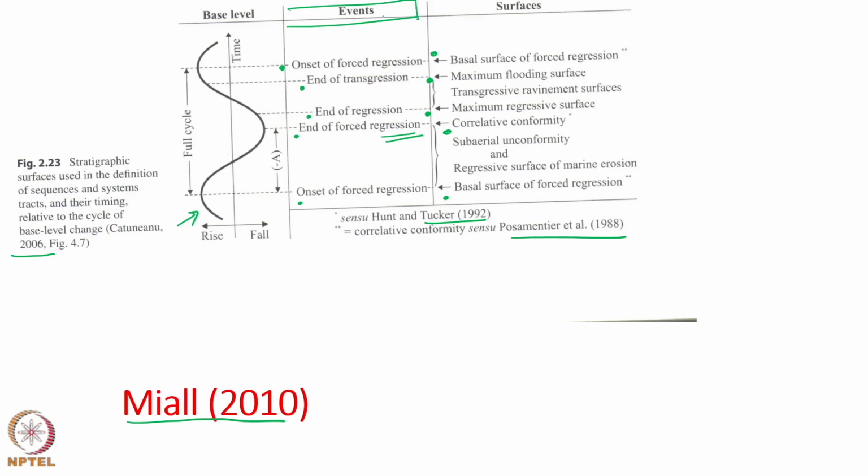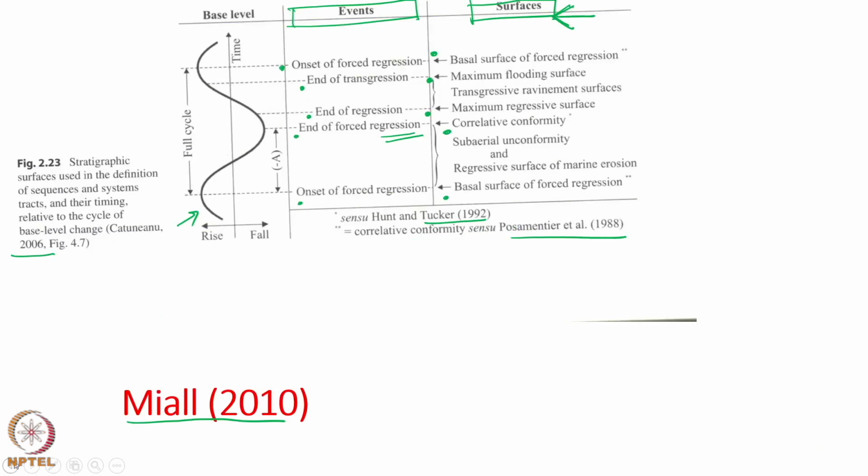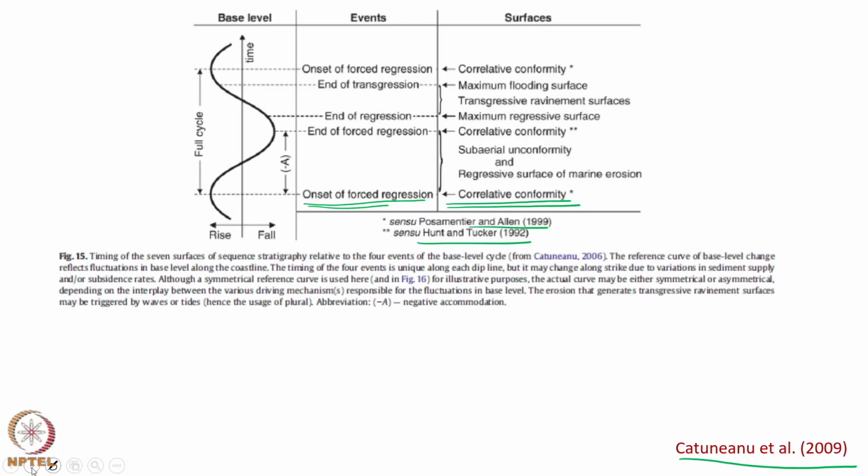In this column are the events and in this column are the surfaces which can be found within the rock record. They can be traced. This is a similar compilation with the same author. Onset of forced regression can be called the correlative conformity, whereas in the previous case onset of forced regression, in a different language, was said to be the basal surface of forced regression.